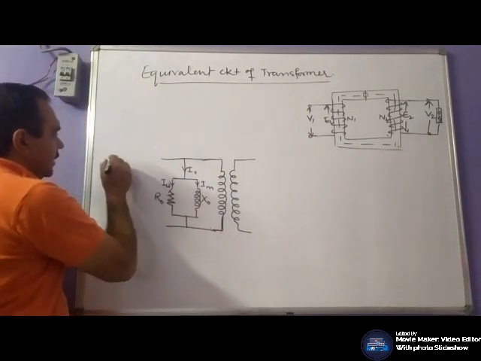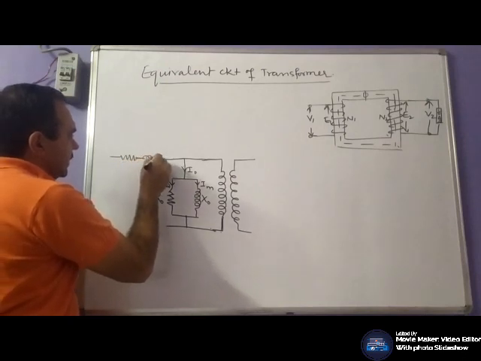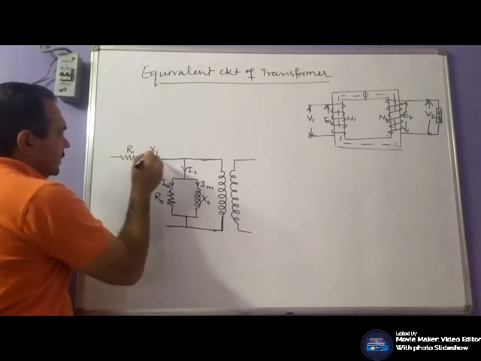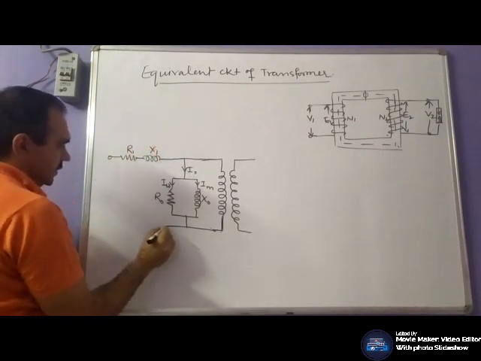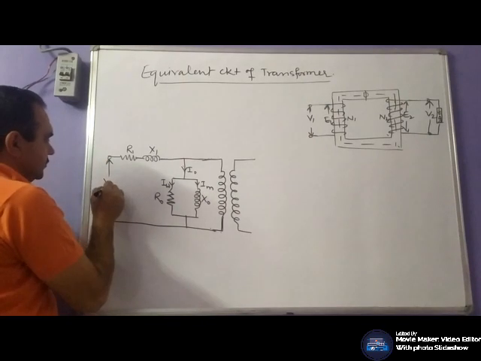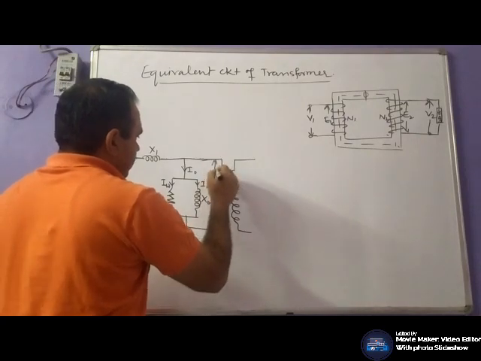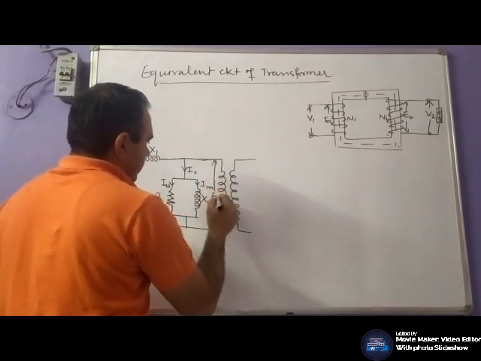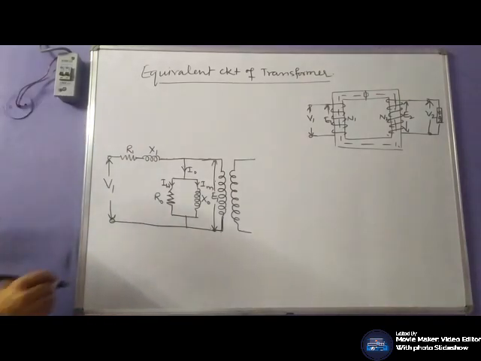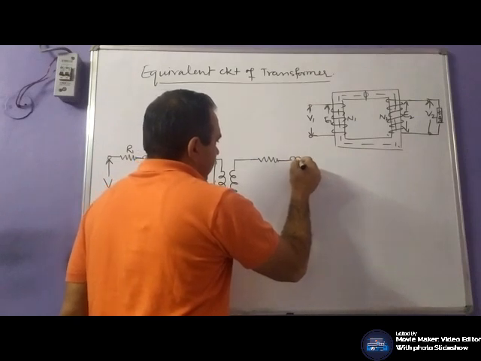Further, your primary winding has resistance and reactance R1, X1, and this will be the applied voltage V1, and this will be the induced EMF E1. And the secondary side is represented by R2 and X2.